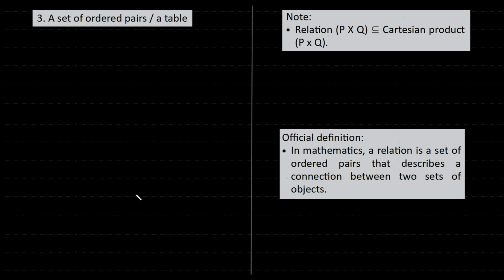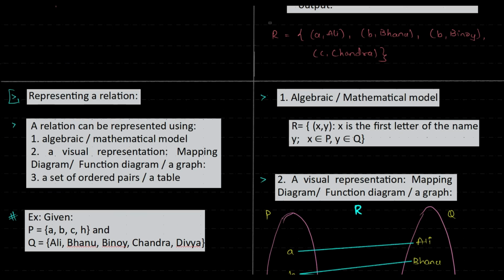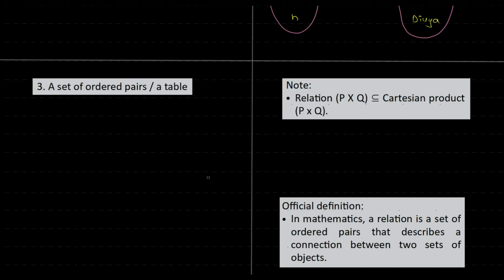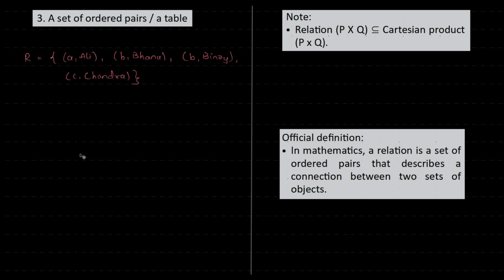Okay, a set of ordered pairs or a table. So this possibility, you guys have already seen this. Okay, right? So what have we understood till now?